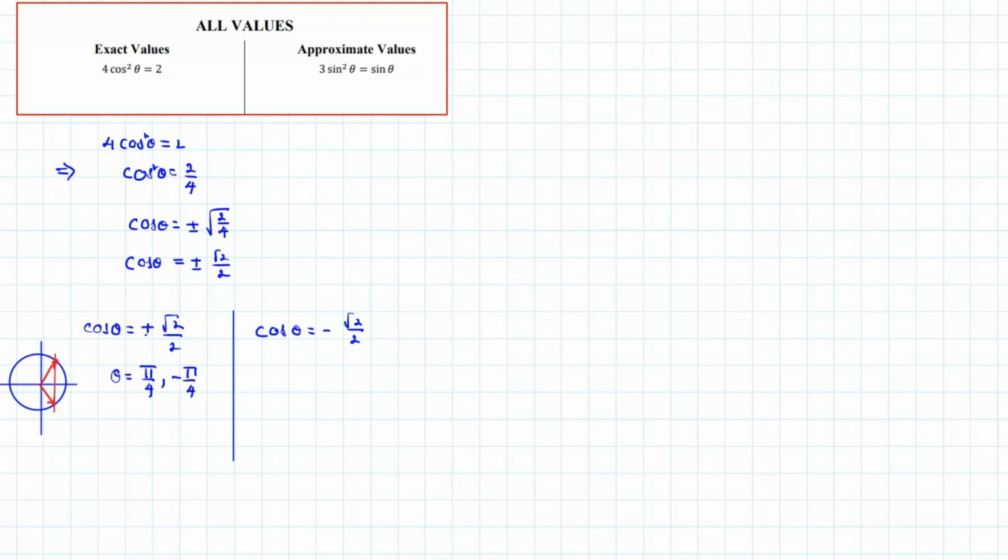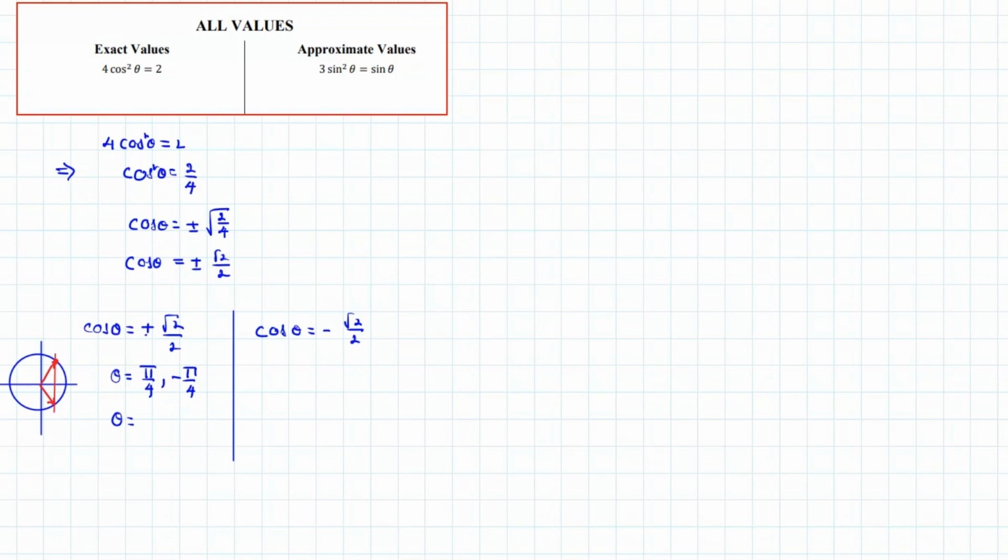So 2 pi can be written as 8 pi over 4, right? So that is 8 pi over 4 minus pi over 4, that is 7 pi over 4.